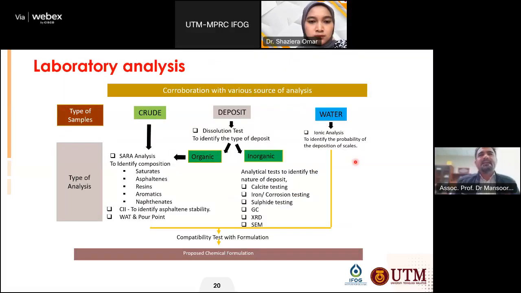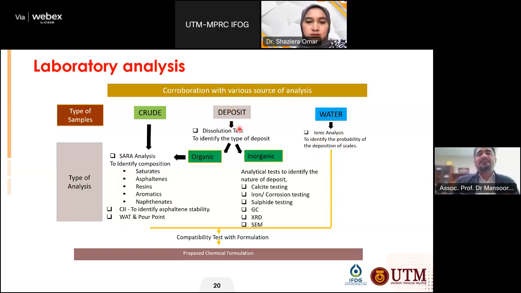Okay, so this is the laboratory analysis. Normally when we do this kind of test, whether it's crude oil or water, we need to conduct this experiment for the crude oil, and then of course for the water.